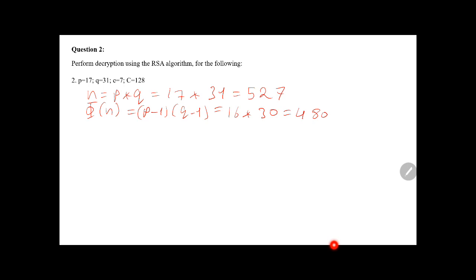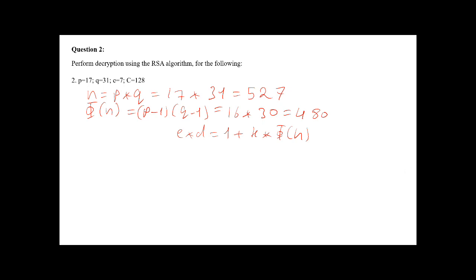Now we write our equation, which is E multiplied by D equal to 1 plus K multiplied by Euler's totient of N. So we try to substitute here.